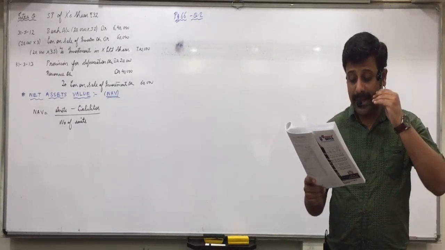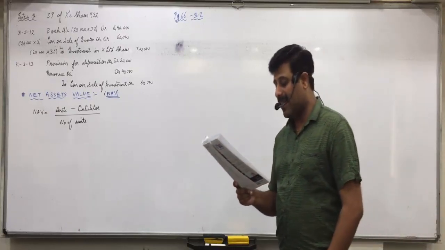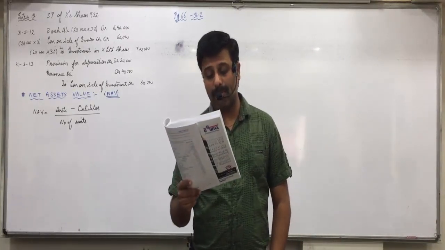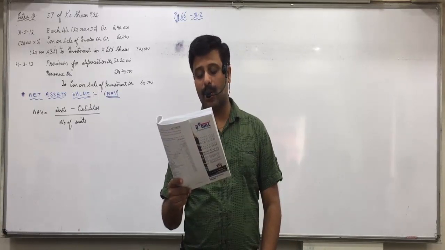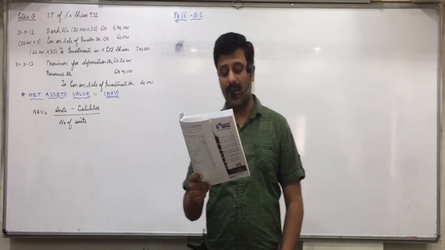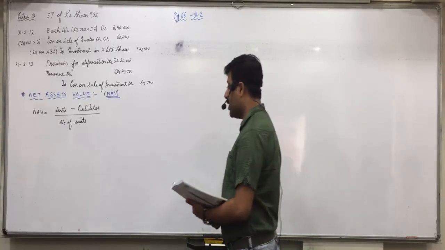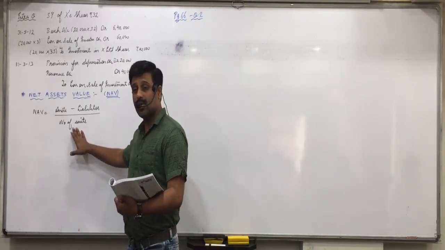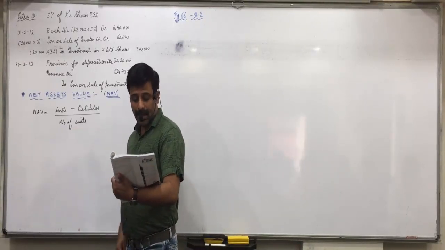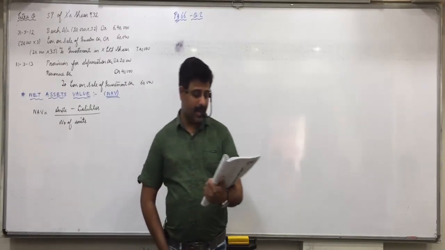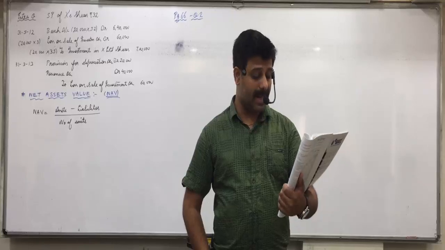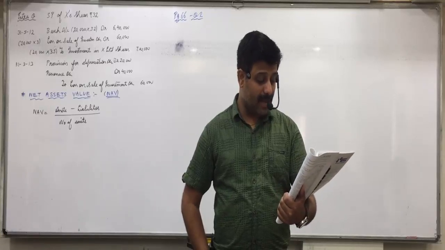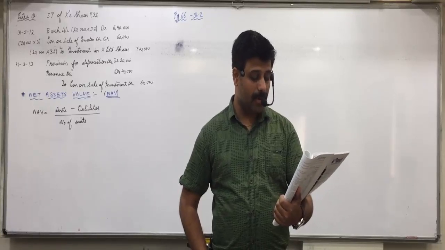Now look at question 2 on page 66. From the following details, calculate net asset value for PQM mutual fund scheme. Under the scheme, 10 crore units having face value of rupees 10 each have been issued. So your denominator, the total number of units issued, is 10 crore. The market value of investments, will it come in assets or liabilities? Investments are assets, as on 31/3/13 it was rupees 360 crore.